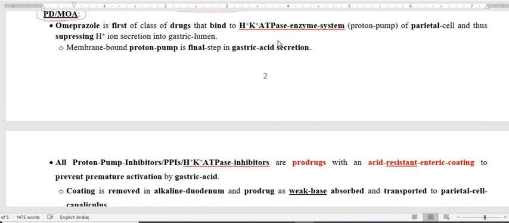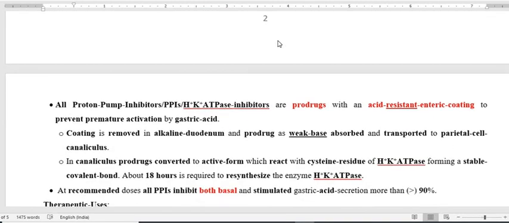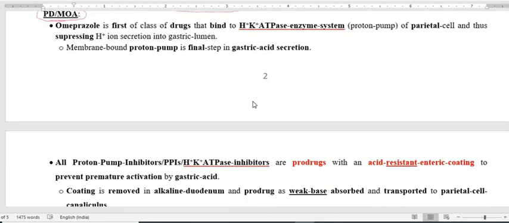Usually the drugs are prodrugs first. The next point regarding the proton pump inhibitor is that it is a prodrug, irreversibly binds with the enzyme, and is also enteric coated. Why is this enteric coated?